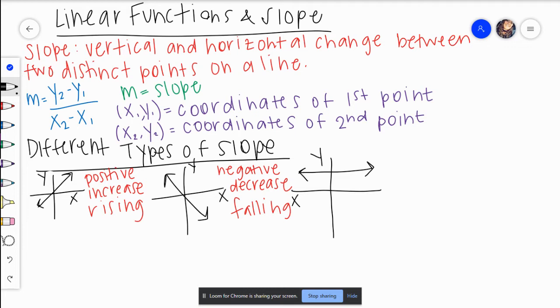So this would be said to have a slope of 0. No increase. And no decrease. And it is a horizontal line.